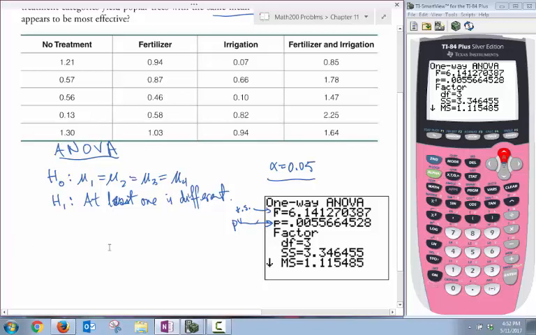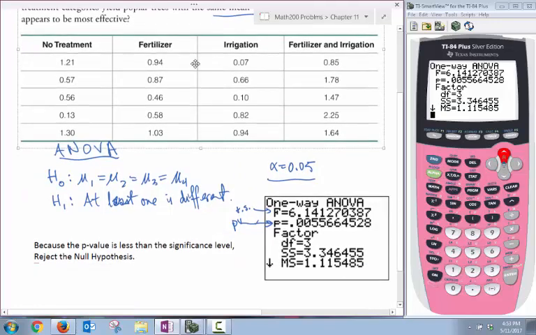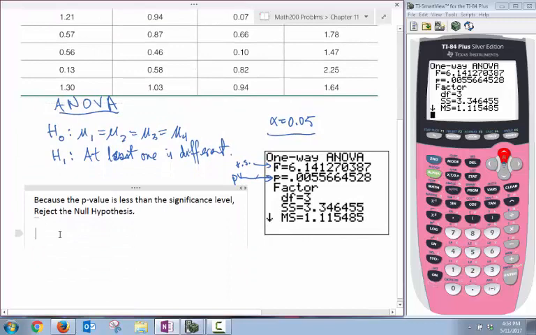Our p-value is less than our alpha significance level, so we can reject the null hypothesis. The claim says that the 4 treatments yield poplar trees with the same mean weight, so we have evidence to reject the claim that the poplar trees weigh about the same.